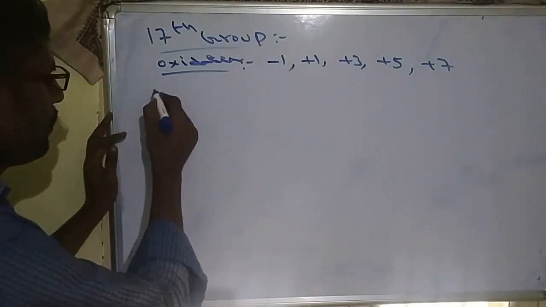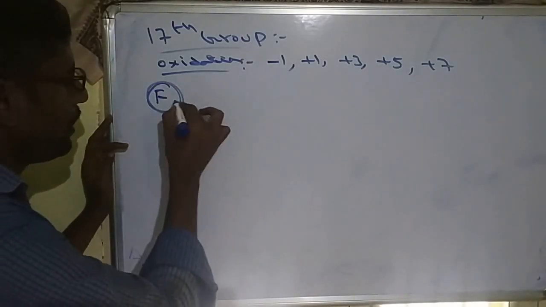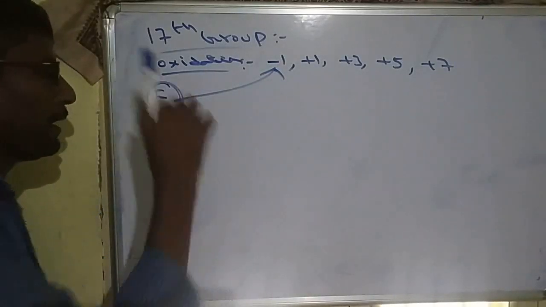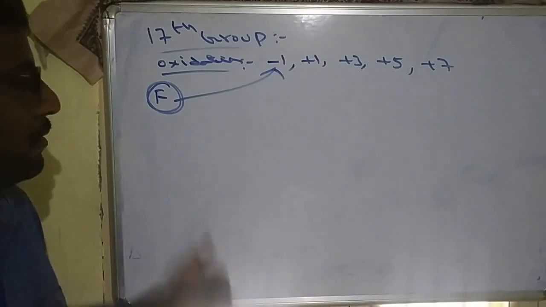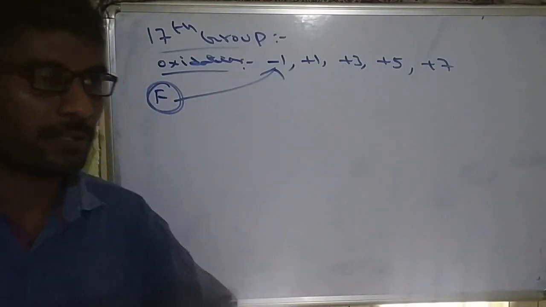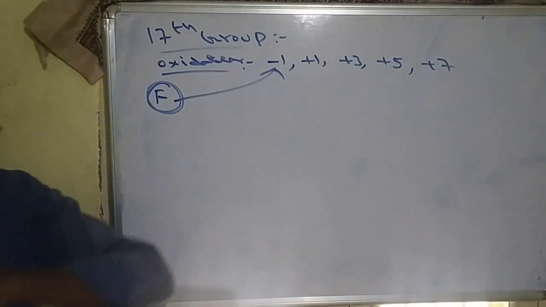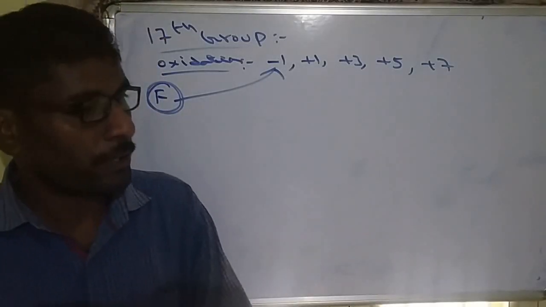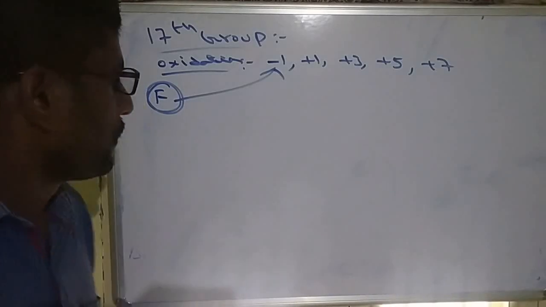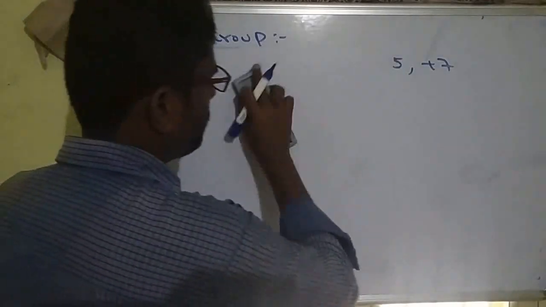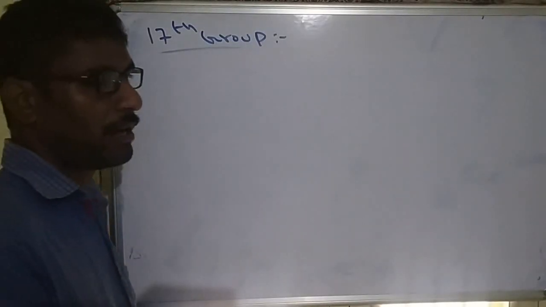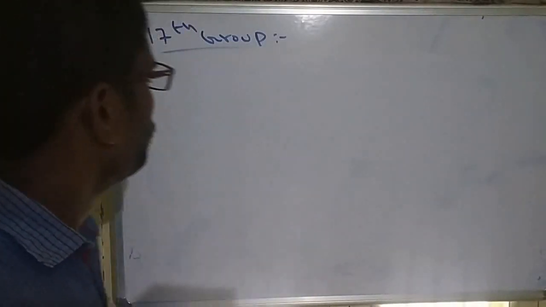Fluorine only shows -1, does not show positive, because it has the highest electronegativity. The remaining halogens show positive as well as negative. Here also, among chemical properties, one is the reaction with oxygen, another is the reaction with halogen.